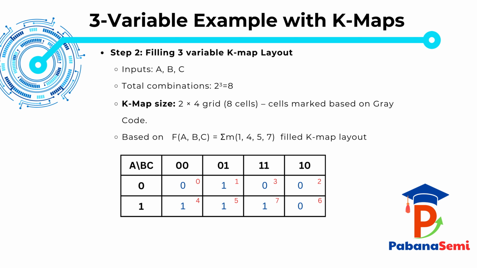All remaining cells, where the minterms are not listed, are filled with 0. Understanding the filled K-map. Now, the K-map visually shows where the output is true and where the output is false. This completed K-map is the foundation for the next step, which is grouping adjacent ones to simplify the Boolean expression.